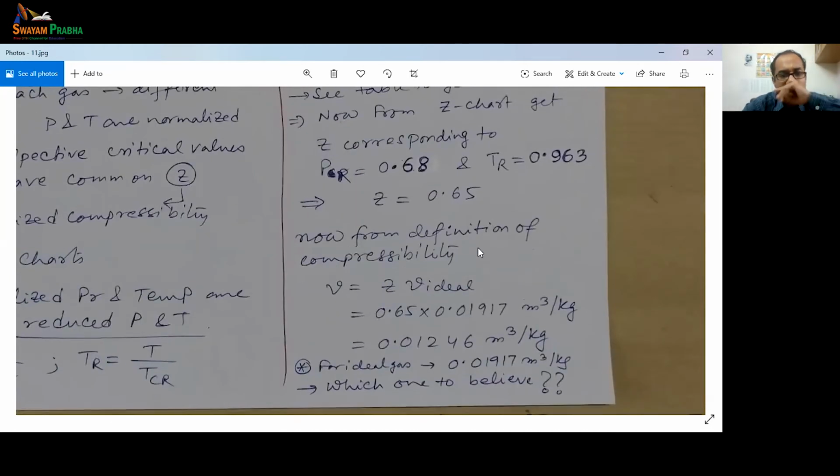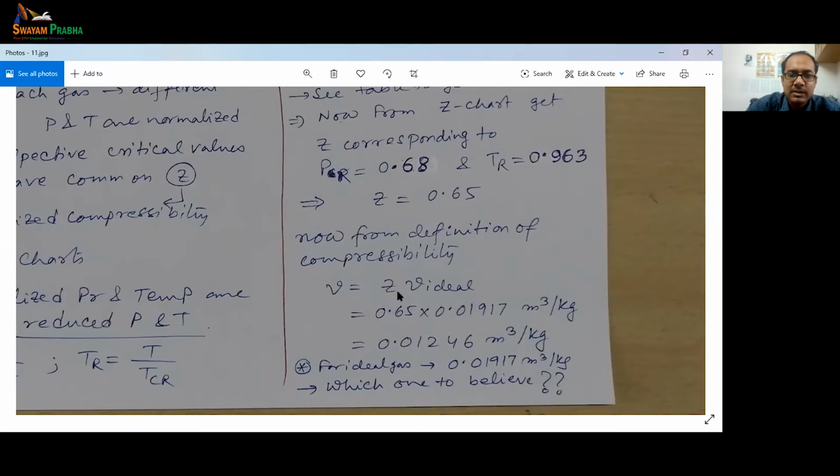Now just from the definition of compressibility, we can write that the specific volume will be Z, the compressibility factor, multiplied by the specific volume if we assume ideal gas. This ideal specific volume we already obtained, and that is 0.01917 meter cube per kg.